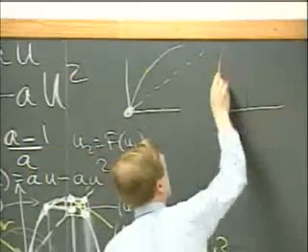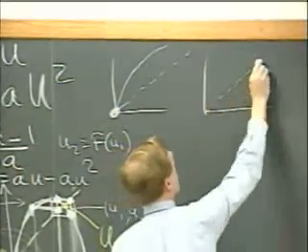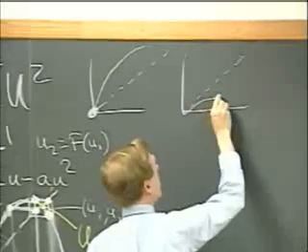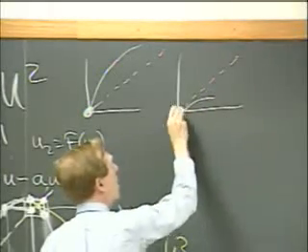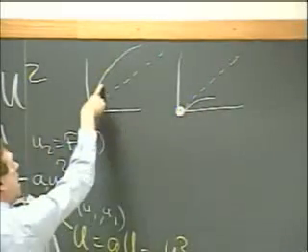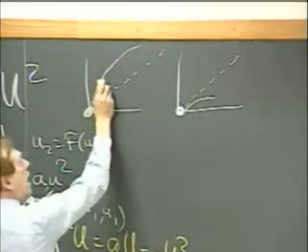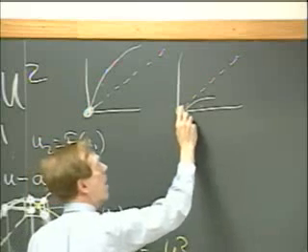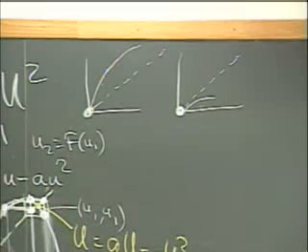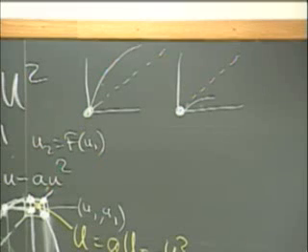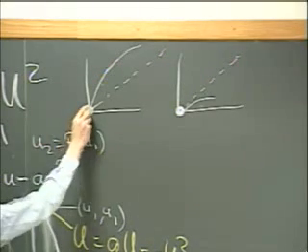Another possibility would have been for the curve to stay under the 45-degree line. This would be, I think, an A probably bigger than 1, and this would be an A smaller than 1. Can you see which of those pictures is going to give me stable and which is going to give unstable, converging to this capital U?